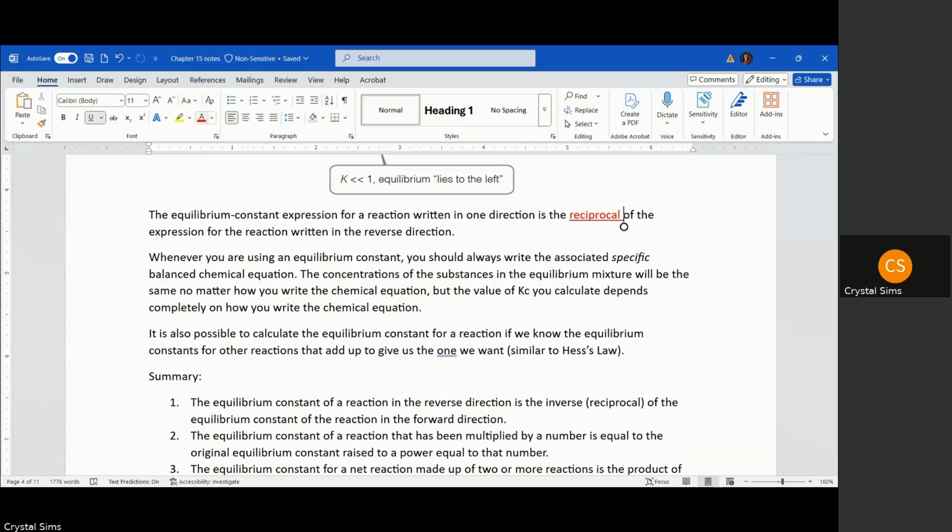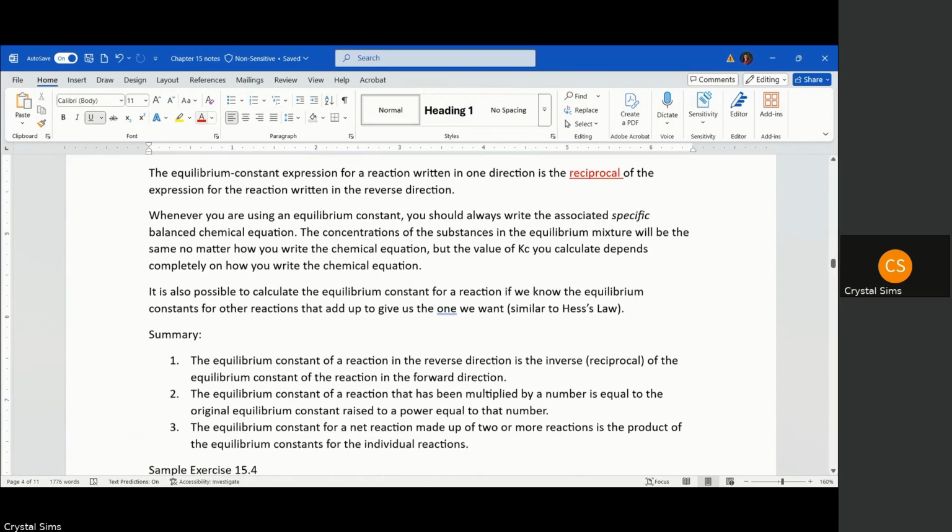Remember, the exponents in our equation represent the coefficients in the balanced chemical equation. So whenever you are working these, make sure that you always have the balanced equation where you are getting this information.